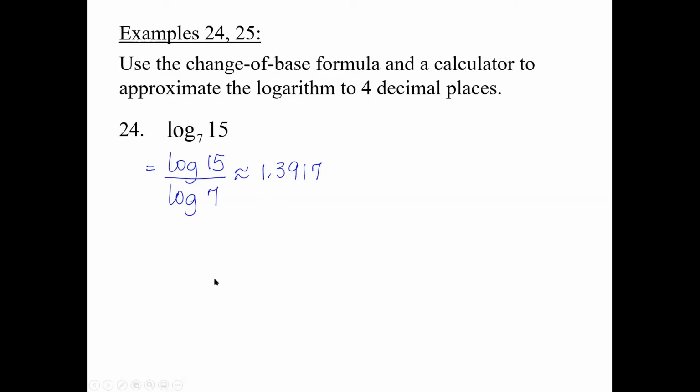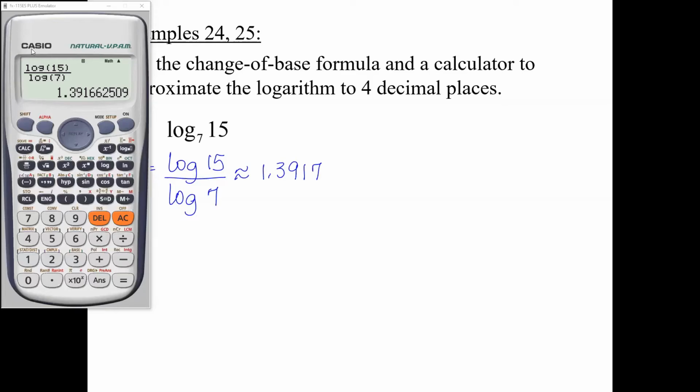Now, I want to show you something else. The Casios that I showed you have a special key that the TIs do not have: the log base of argument key, right up here. You just click it.